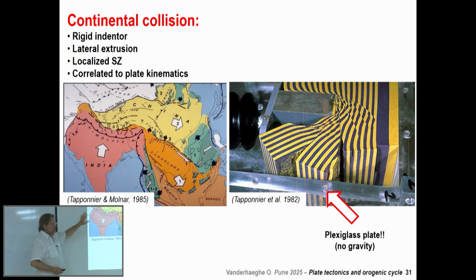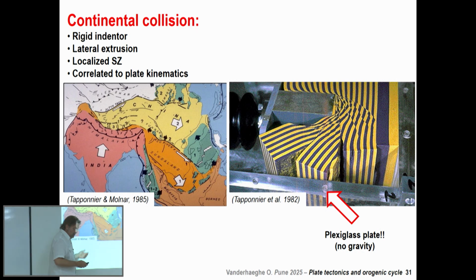And don't take me wrong, this model was fantastic at the time. Even if it was a bit biased, they managed to show what they wanted to show, and it's been very influential. Maybe too much, because now most tectonic plates or orogenic belts are explained by that process, which I think is not very compelling after all.